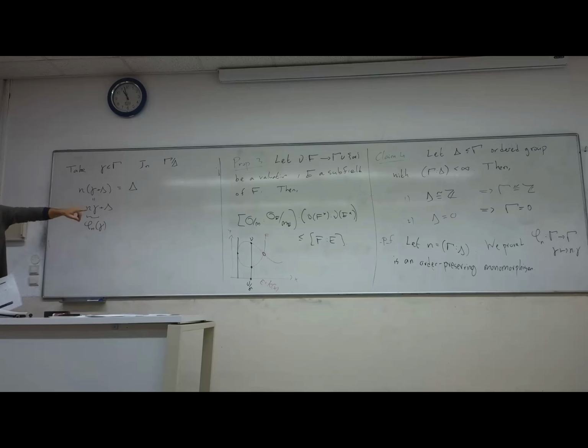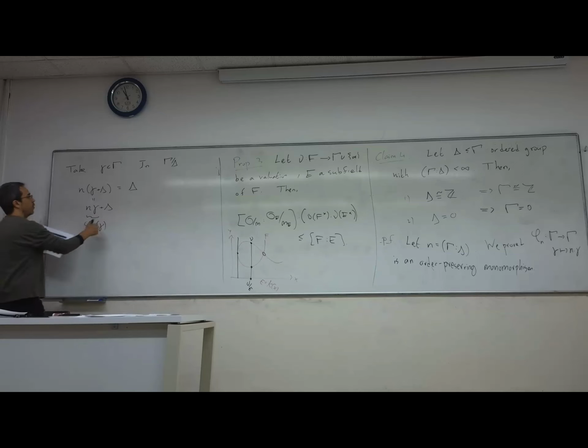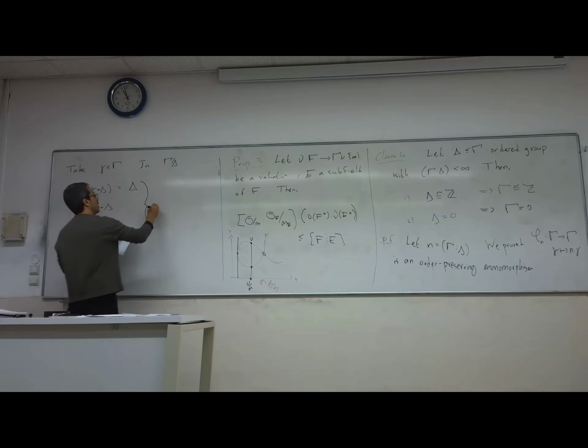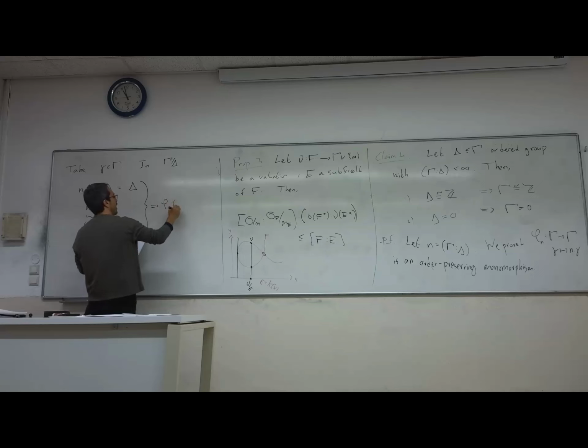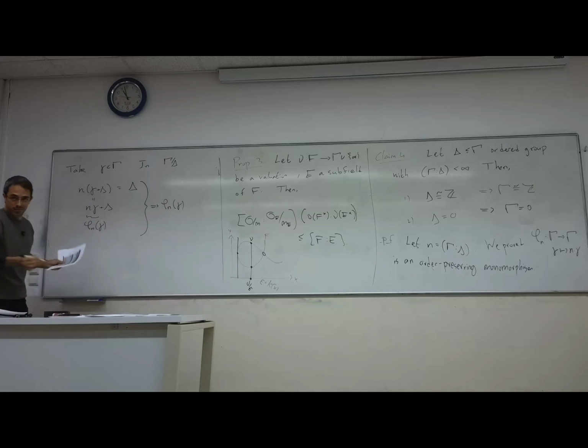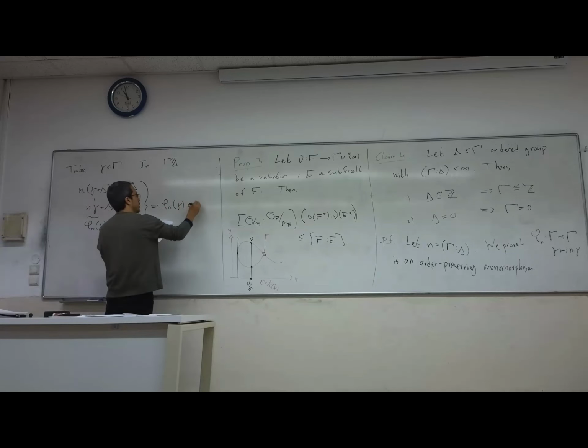And just to relate it to the definition of phi n, which doesn't appear here, this is exactly phi n of gamma. So from all of this we get that phi sub n of gamma, for any gamma in gamma, is in delta.